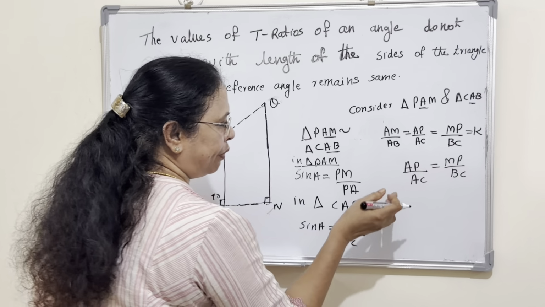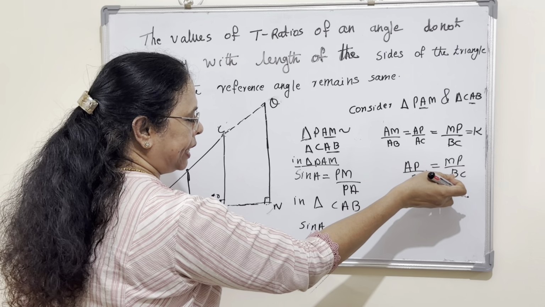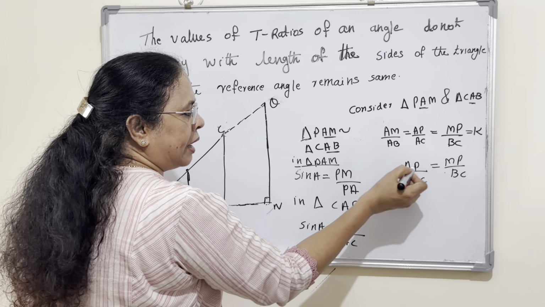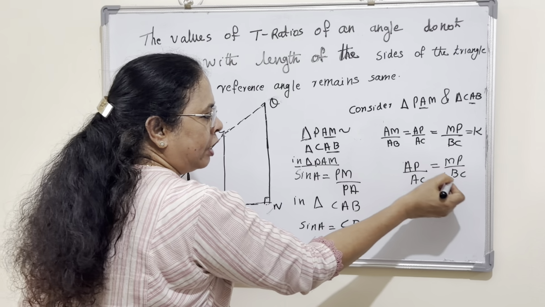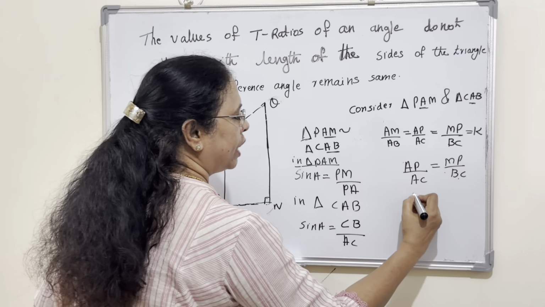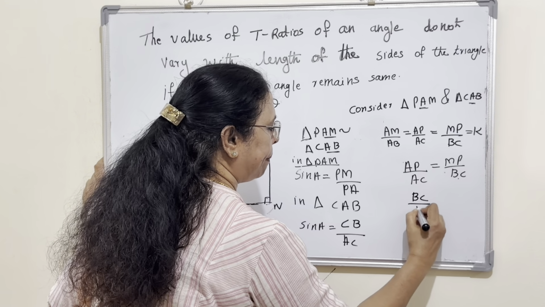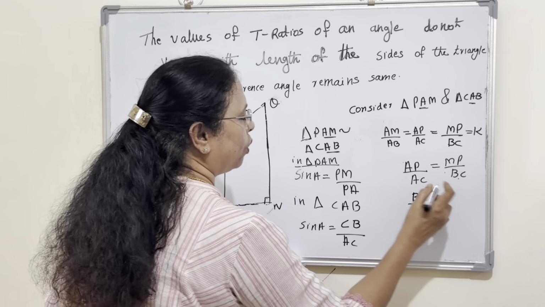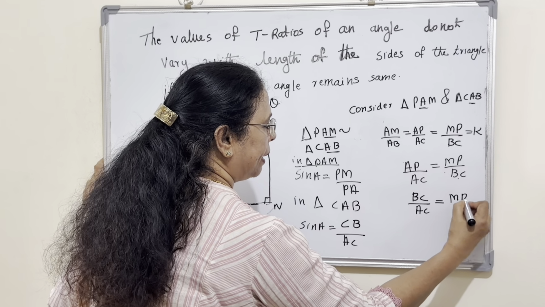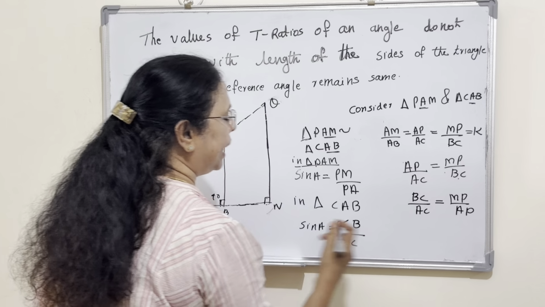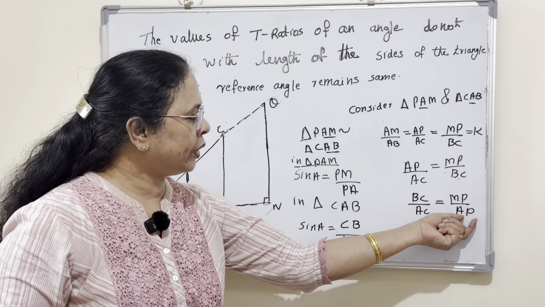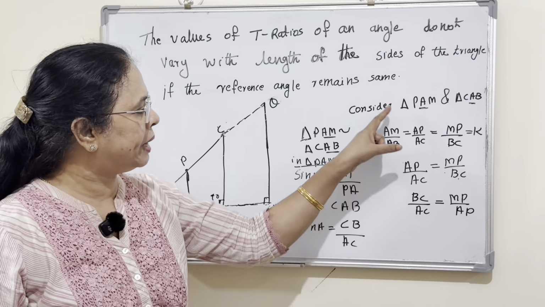If I transpose this BC to this side, it is in the denominator, so it will come to this position, and AP will occupy this position. So I can write BC by AC equal to MP by AP from this similarity itself.